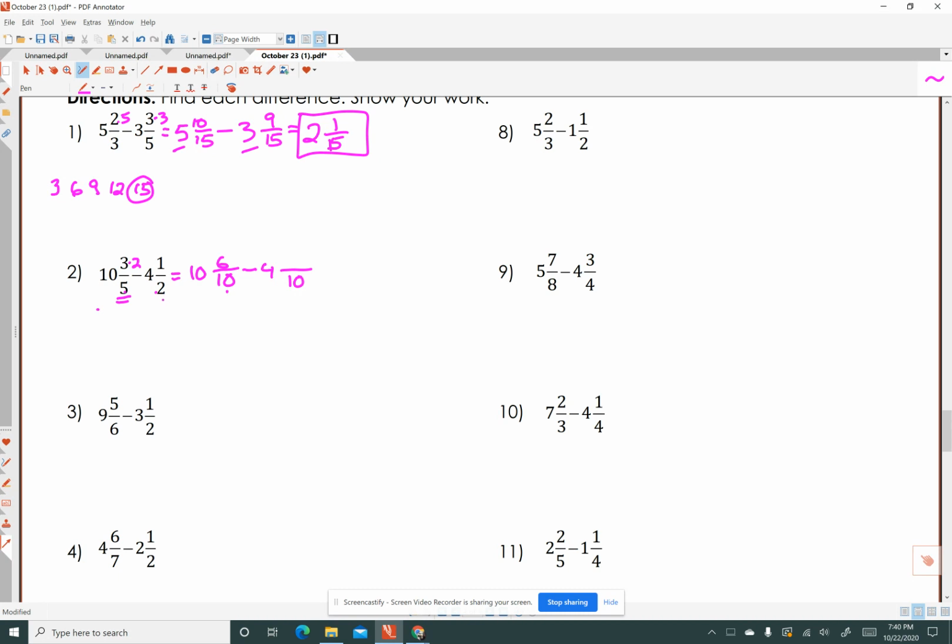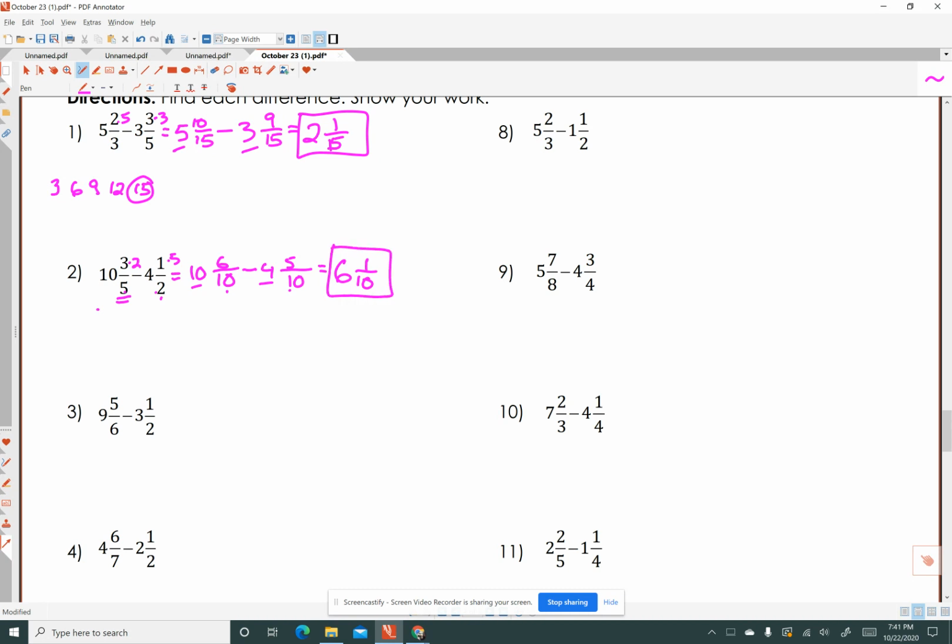Well, 2 times 5 is 10, so 1 times 5 is 5. Can we subtract? Yes, we can. The numerator on the right is smaller than the numerator on the left. So first 10 minus 4 equals 6. Working in tenths, 6 minus 5 is 1 for the final answer of 6 and 1/10.